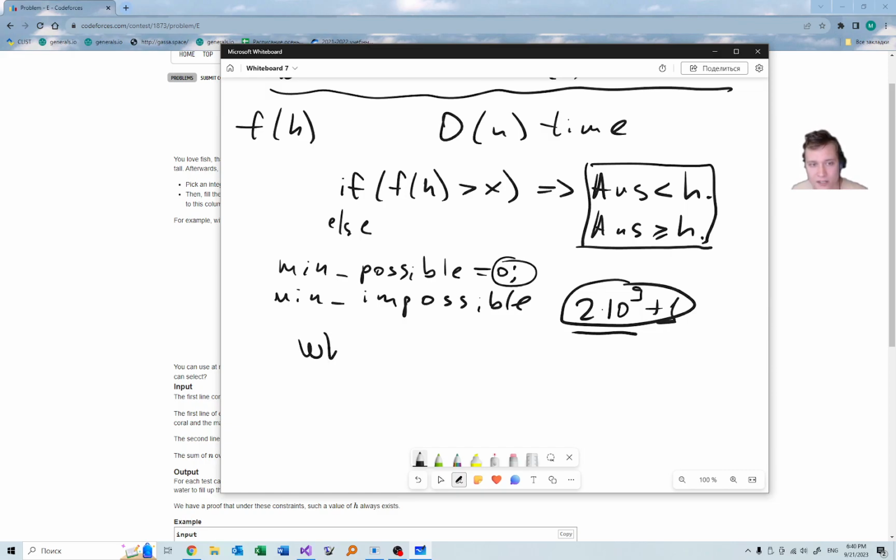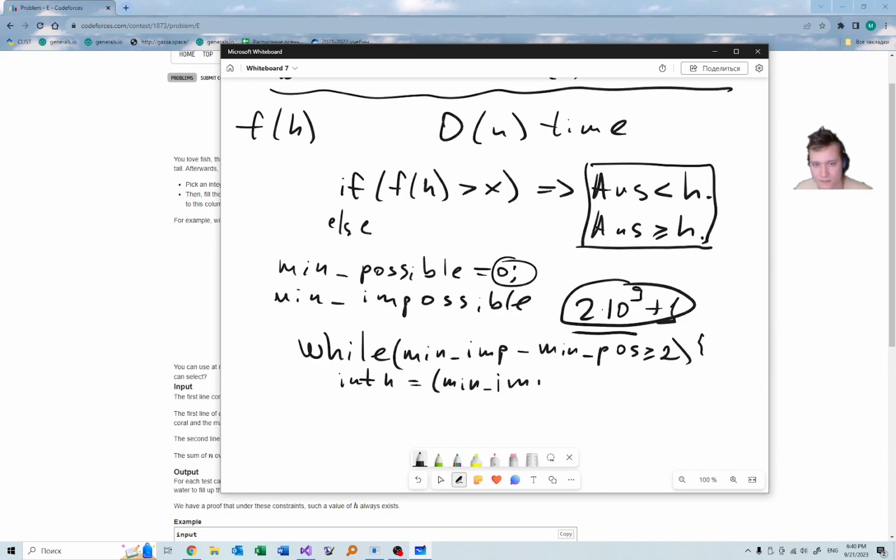Then you say that while minimum impossible minus minimum possible is at least 2, this means that you still need to do some iterations of binary search. You say that int h equals half of the sum, and beware that it can be big.